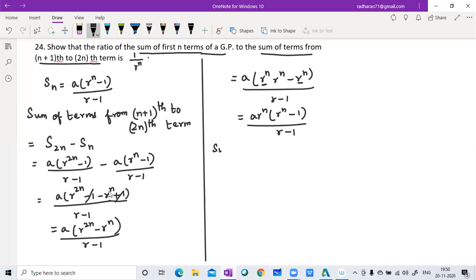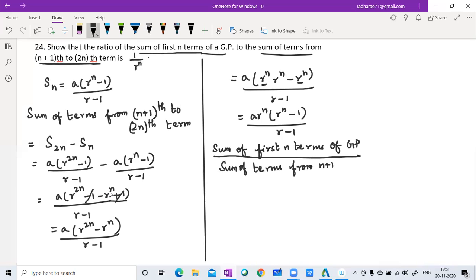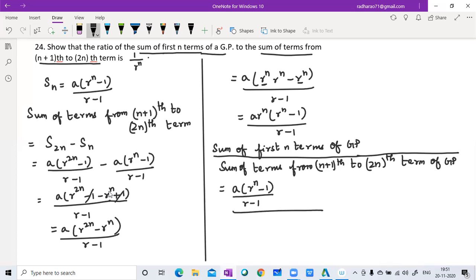So the sum of first n terms of the GP is a into r power n minus 1 by r minus 1, divided by what we found here, a r power n into r power n minus 1 by r minus 1.